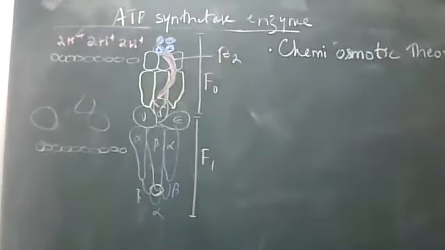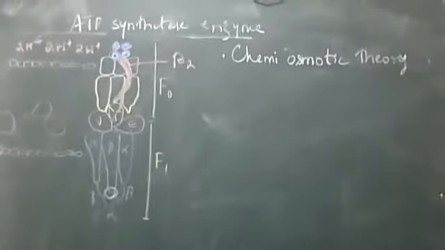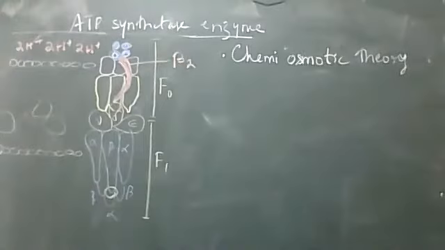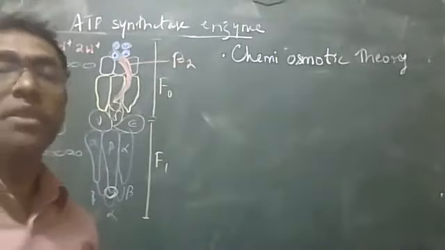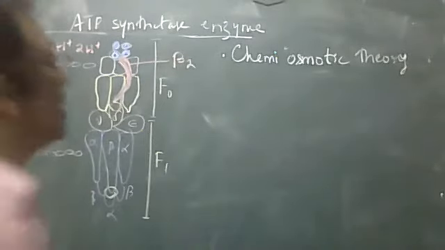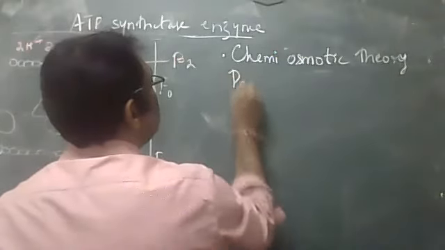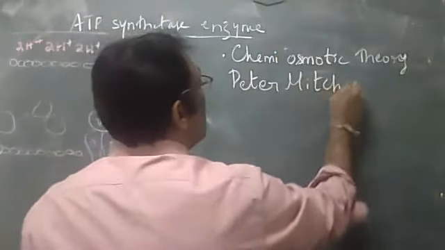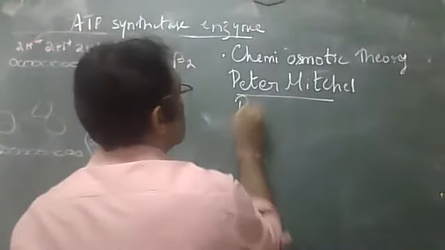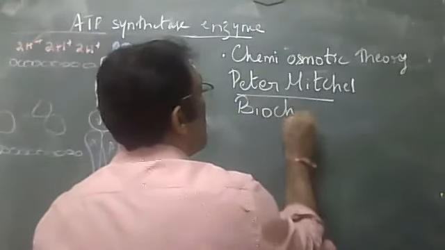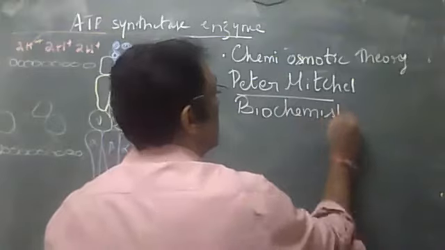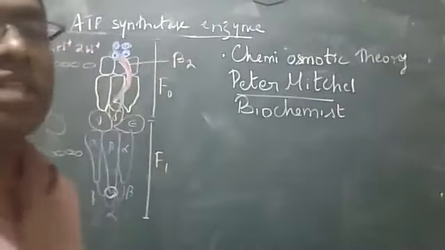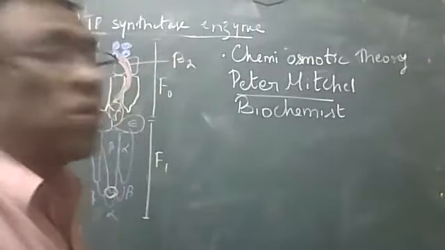Chemiosmotic theory was one of the important concepts given by Peter Mitchell. He is a biochemist. He explains this concept of chemiosmotic theory.